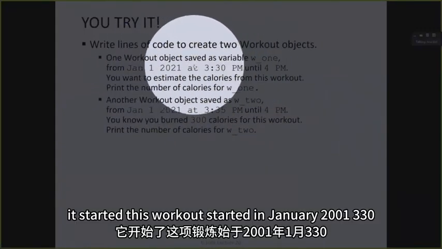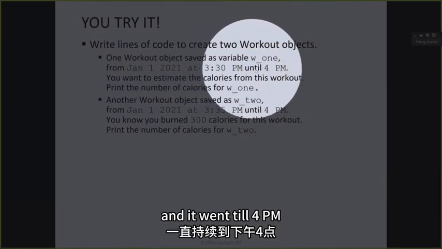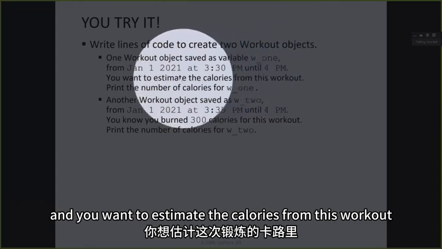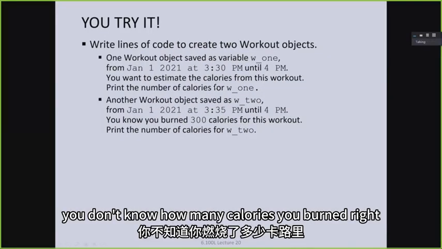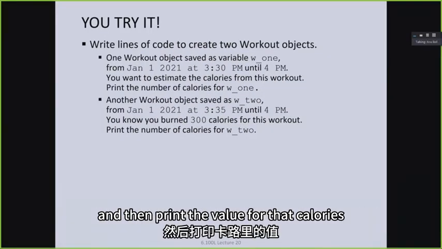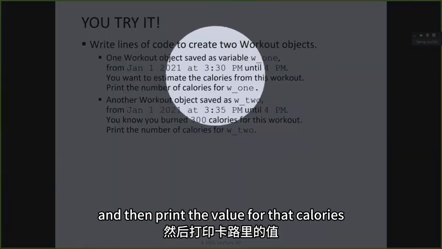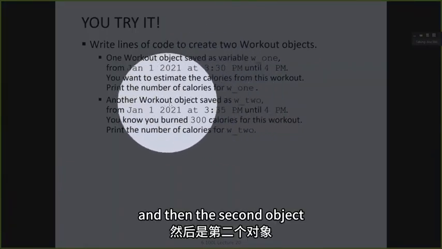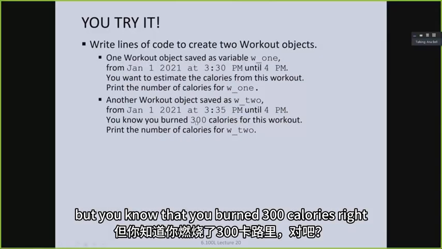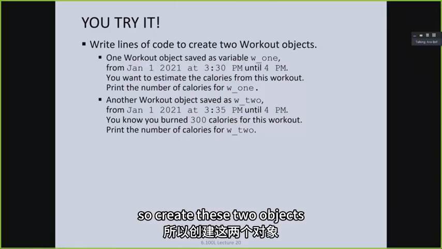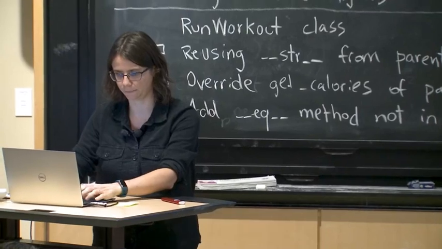This workout started in January 2001, 3:30, and it went till 4 p.m. And you want to estimate the calories from this workout. You don't know how many calories you burned, right? And then print the value for that calories. And then the second object, same start date, same end date, but you know that you burned 300 calories. So create these 2 objects and then print the number of calories burned.